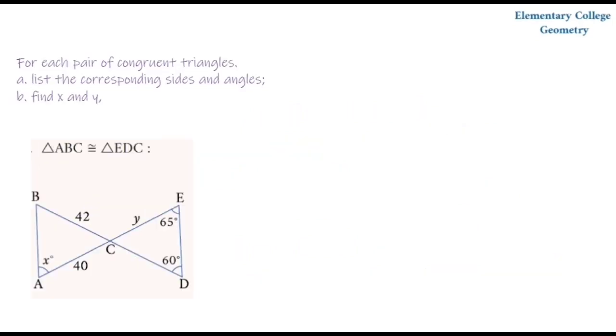The next figure, in this figure, two triangles of ABC and EDC are congruent, so all the corresponding sides and angles are equal. So the triangle of ABC is congruent with the triangle of EDC. So firstly, all the corresponding sides are equal.